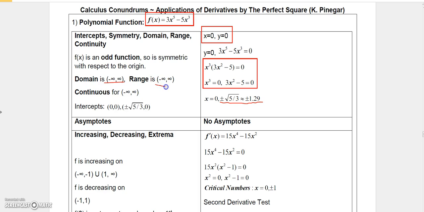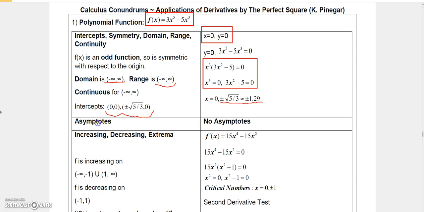You probably wouldn't be able to tell that from the original function, but when we look at the graph, you'll see that. Polynomials are continuous for all numbers within their domain. And I've already told you that we have 3 intercepts: one at (0, 0), one at (square root of 5/3, 0), and one at (minus square root of 5/3, 0).